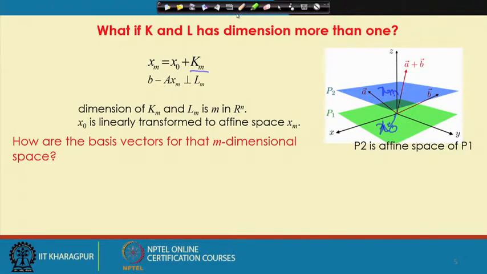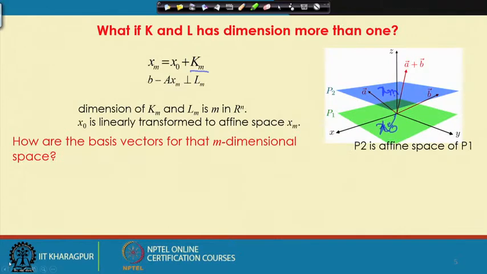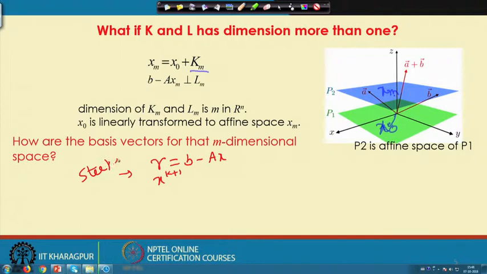I have residual r equal to b minus A x, and I update my x for any iteration. So, this is like a steepest descent algorithm.